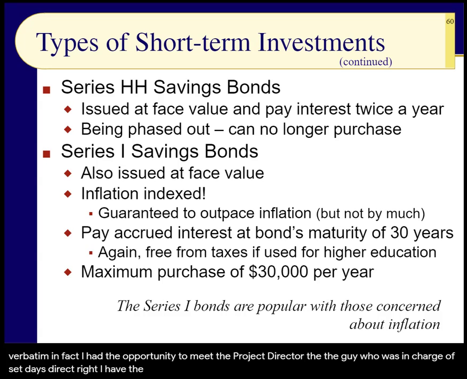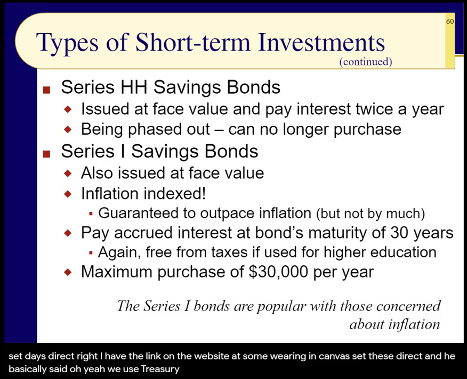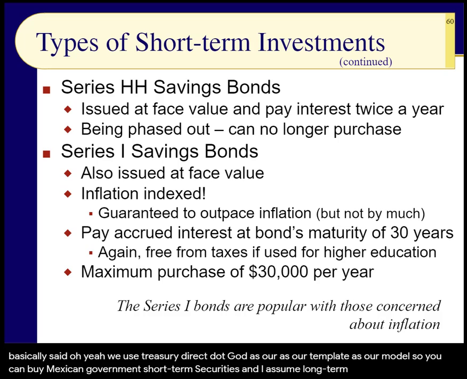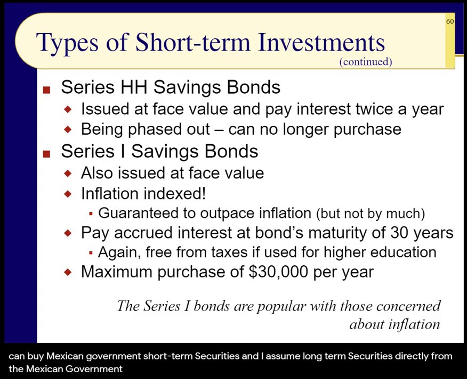I have the link on the website, and it's somewhere in Canvas. CETES Direct. And he basically said, oh yeah, we use treasurydirect.gov as our template, as our model. So you can buy Mexican government short-term securities, and I assume long-term securities, directly from the Mexican government. Very cool, very cool. So that's your assignment.